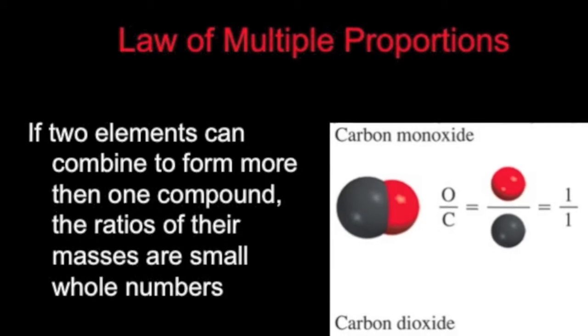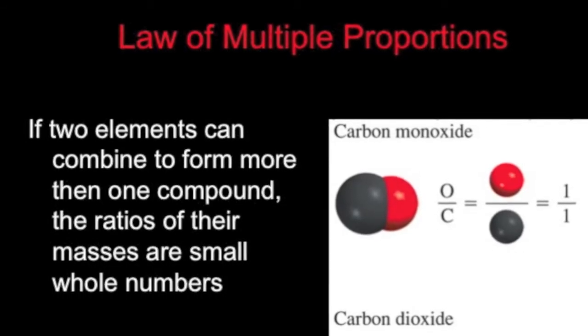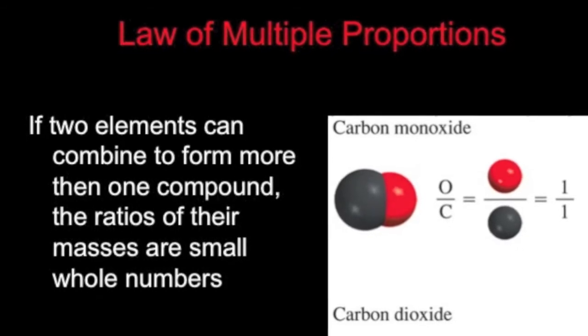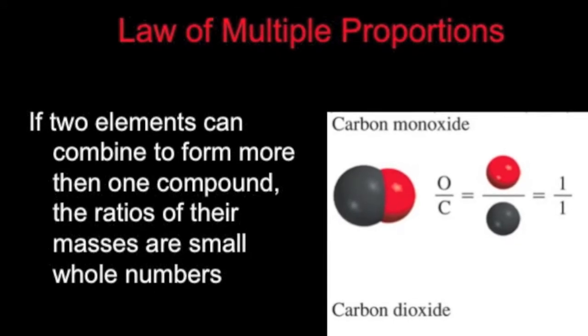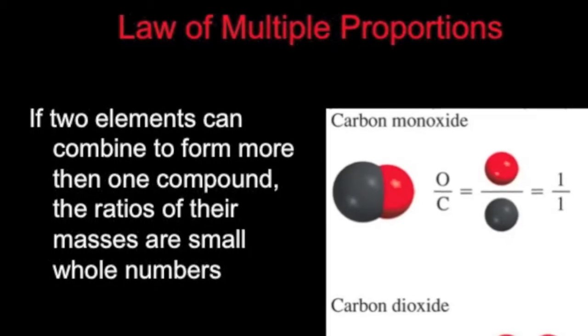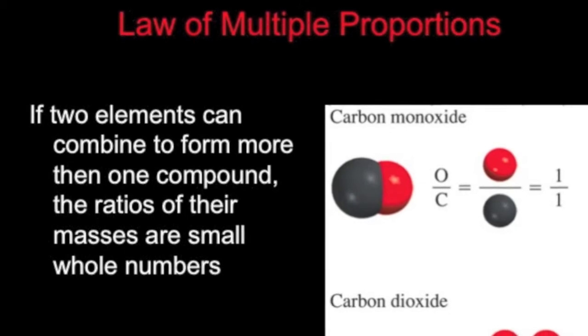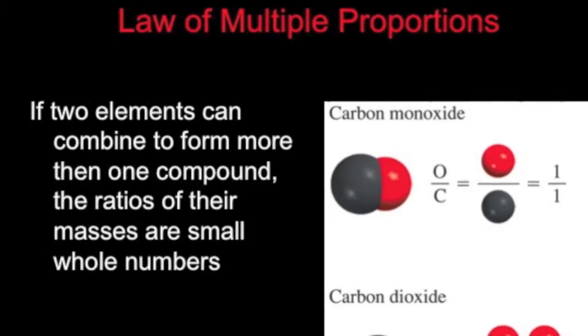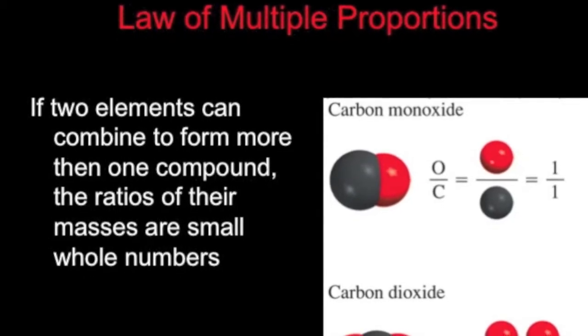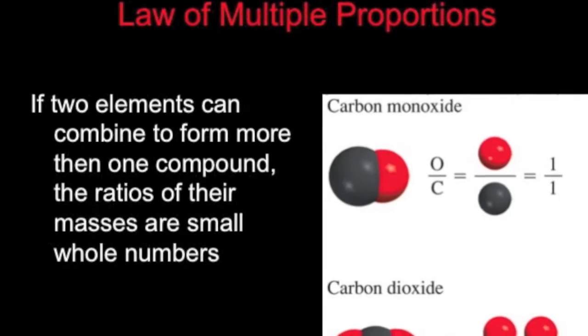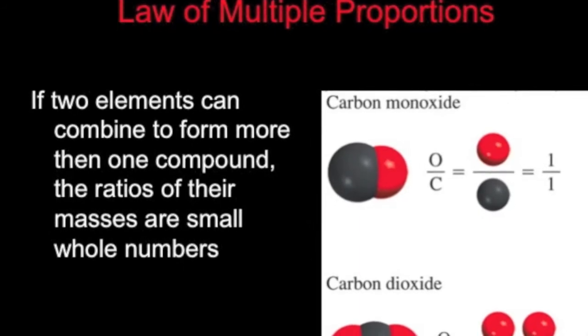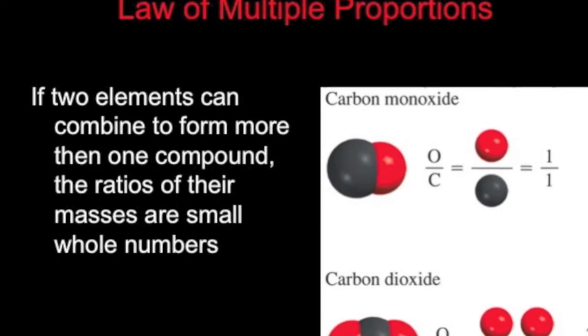The law of multiple proportions: if two elements combine to form more than one compound, the ratios of those masses are small whole numbers. For example, if we look at carbon monoxide versus carbon dioxide. In carbon monoxide, there's one oxygen for one carbon. In carbon dioxide, there's two oxygens for every one carbon.